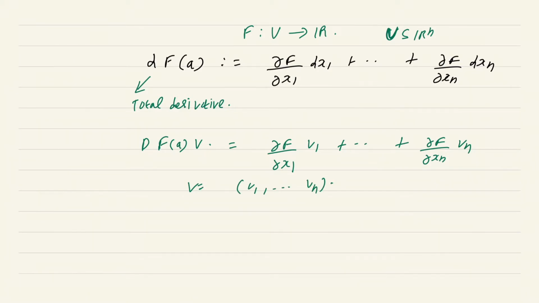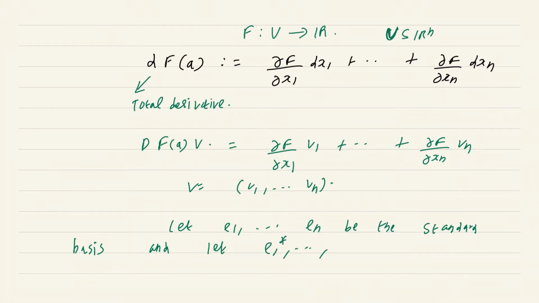But you can get v1 to vn by taking the image of v under the dual vectors. So let e1, dot dot dot, en be the standard basis, and let e1 star, comma, dot dot dot, en star be the dual basis.